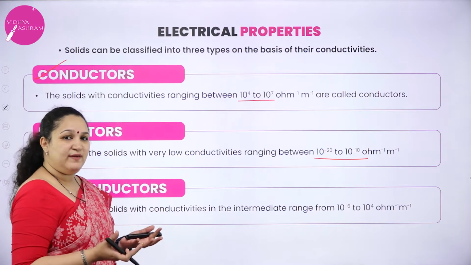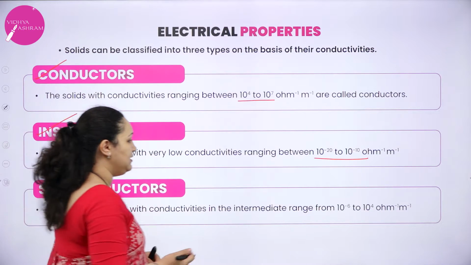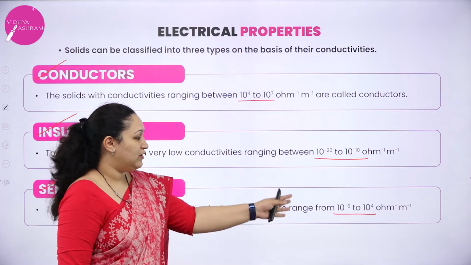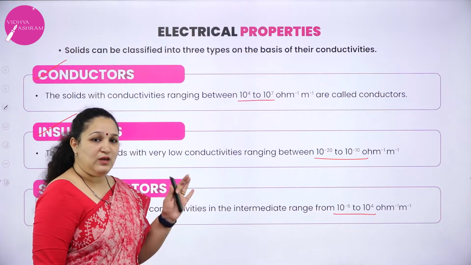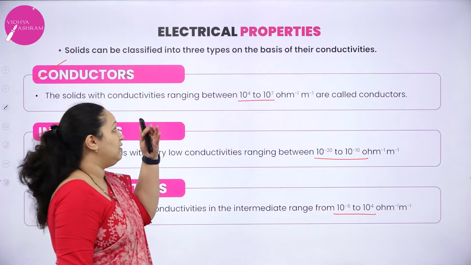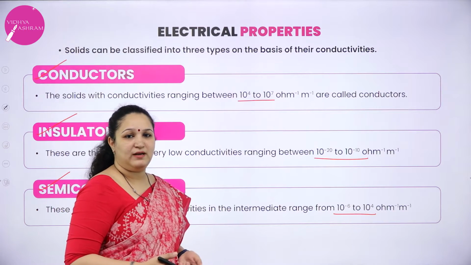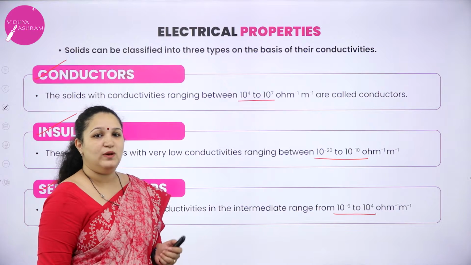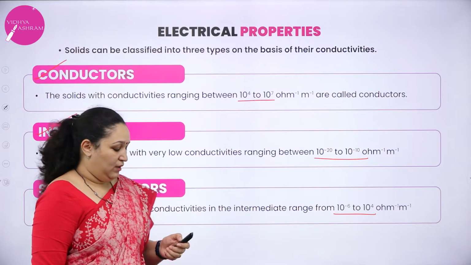They have a conductivity intermediate of both conductors and insulators, that is ranging from 10 to the power minus 6 to 10 to the power 4 per ohm per meter. So here, to understand the electrical property better, we will learn based on band theory how a solid can conduct electricity.